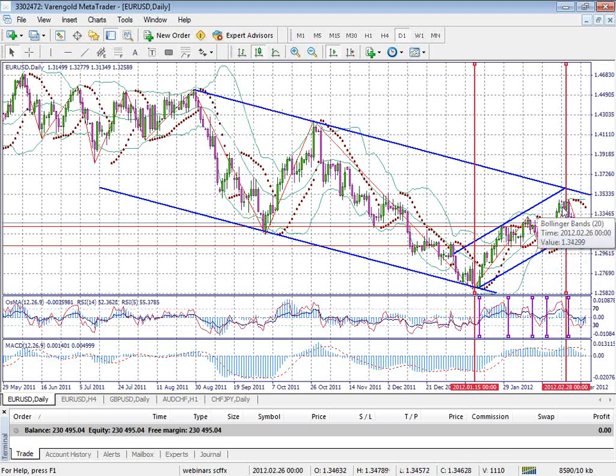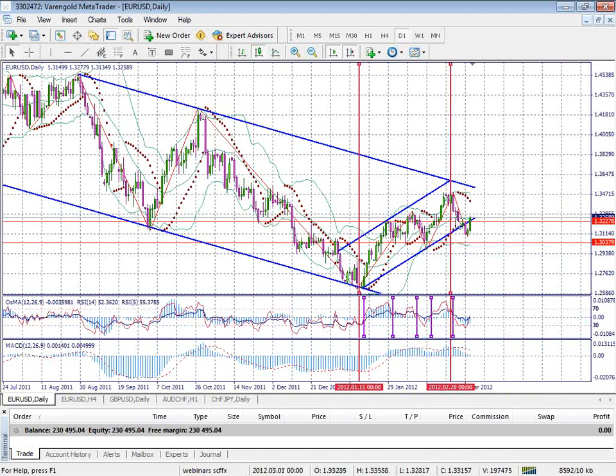Here they go out from that short position around the value of 1.34, something like this. And they announced that they will go short again after the pair reaches 1.35.